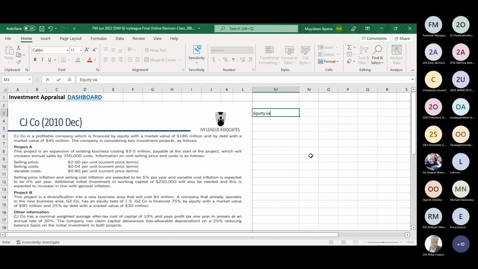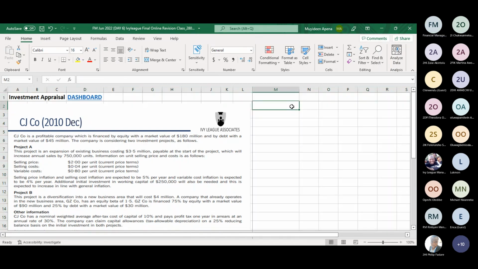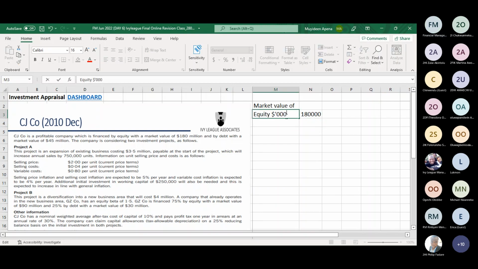This is market value, $180 million. So let's work in $1,000. And also financed by debt with a market value of 45 million.